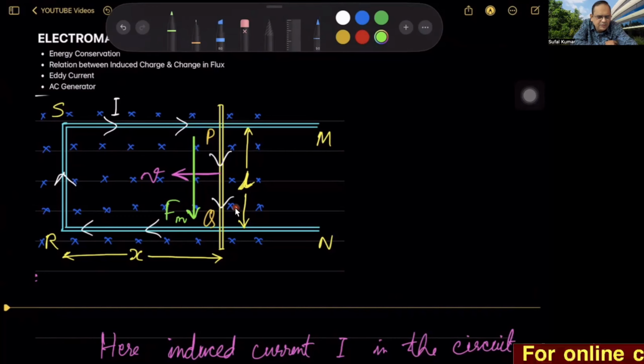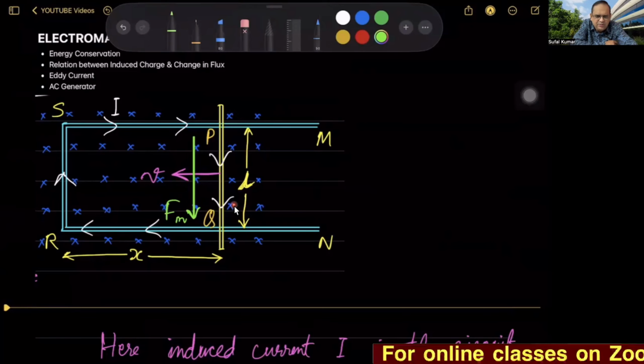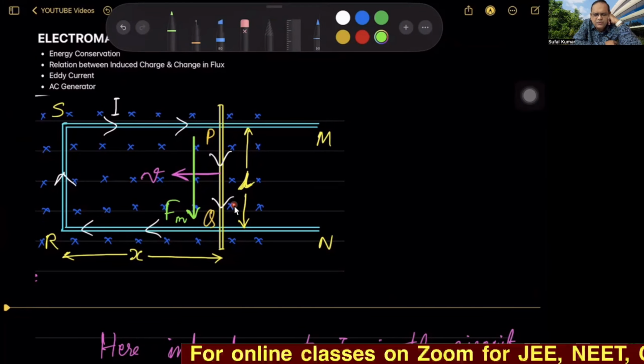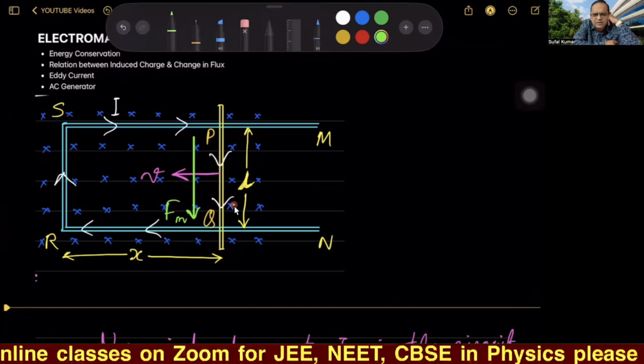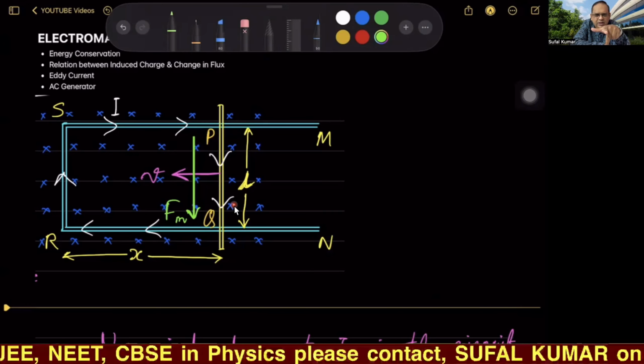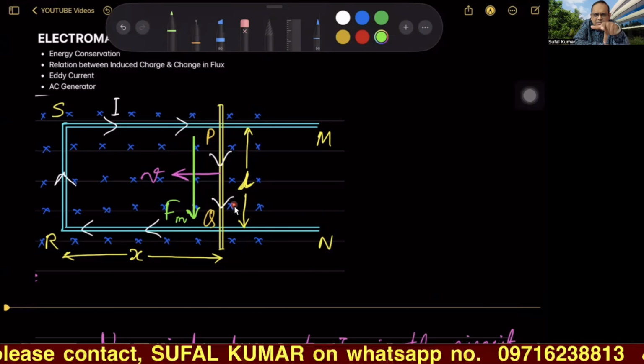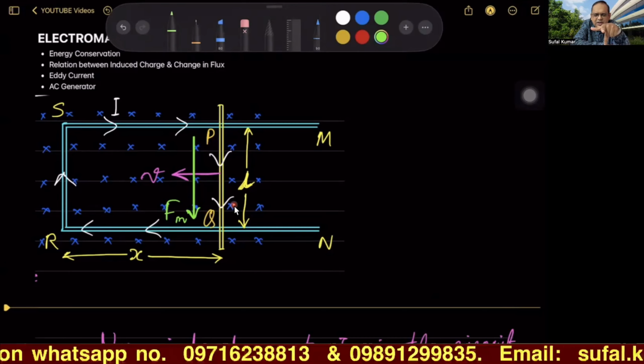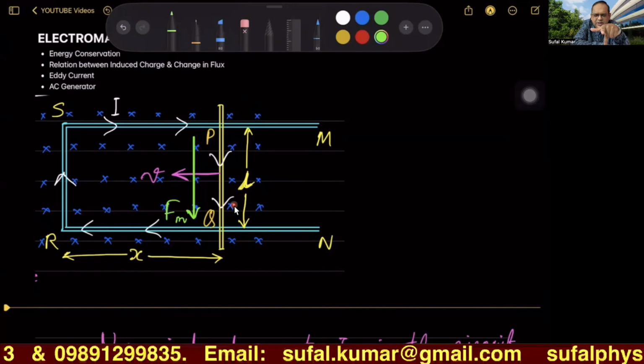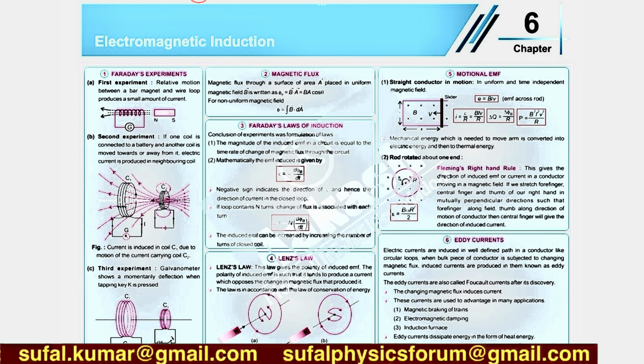Let's check from Fleming's left-hand rule. That means magnetic force is in the rightward direction on the rod.